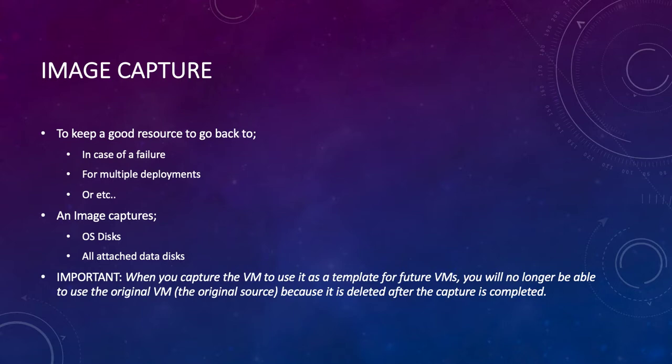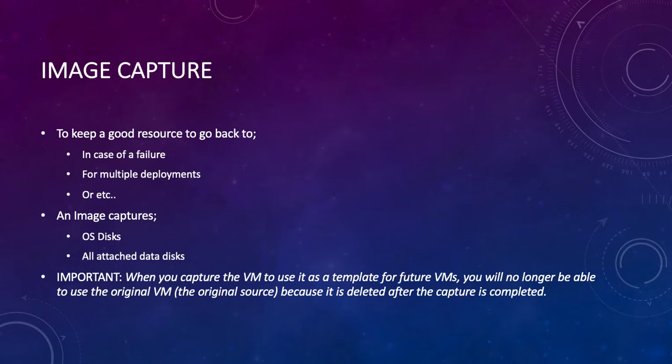The original source is going to now turn into the image that you have. So the deletion happens right after capture is completed. If you have any information there that you possibly may be very curious about not losing, get a backup. Again, that virtual machine is going to be deleted right after the image is captured and the capture process is completed.